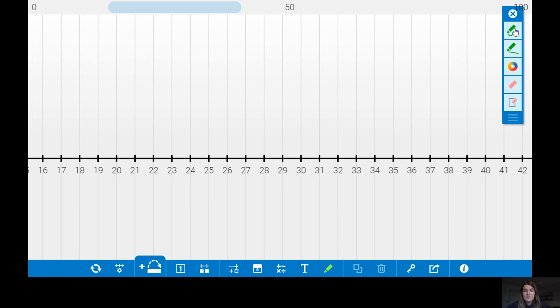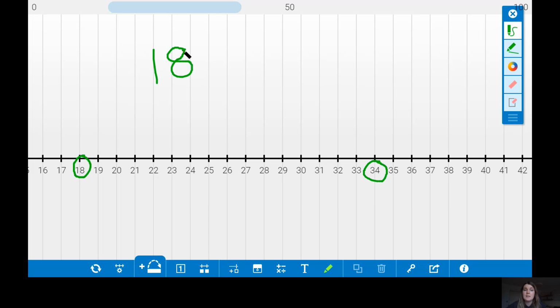Fantastic. You found 18 and 34 on the number line. And then you compared them. What were you looking for? The smallest number. Which was the smallest number? 18. Why was 18 the smallest number?